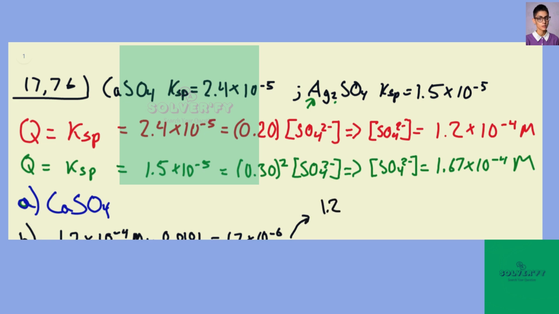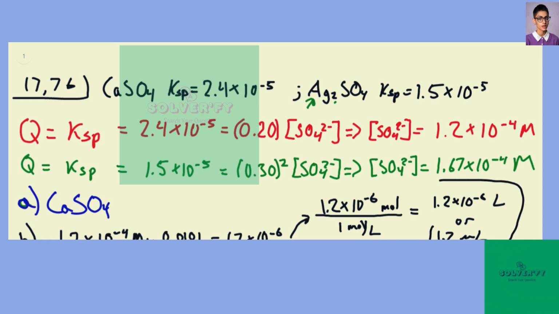Then we can divide this by the concentration of the sodium sulfate, which we're told is 1 mole per liter, to get a value of 1.2 times 10 to the minus 6 liters, or 1.2 microliters, is the volume necessary to start this precipitation.